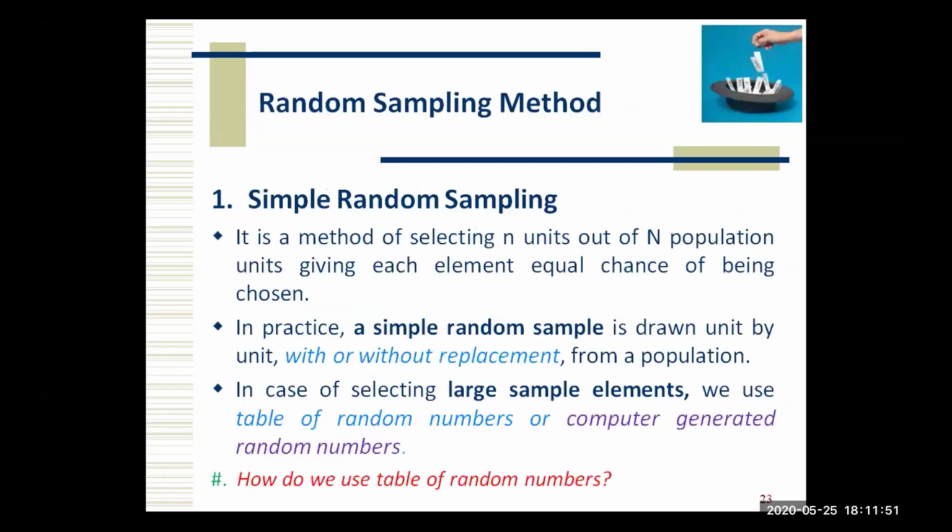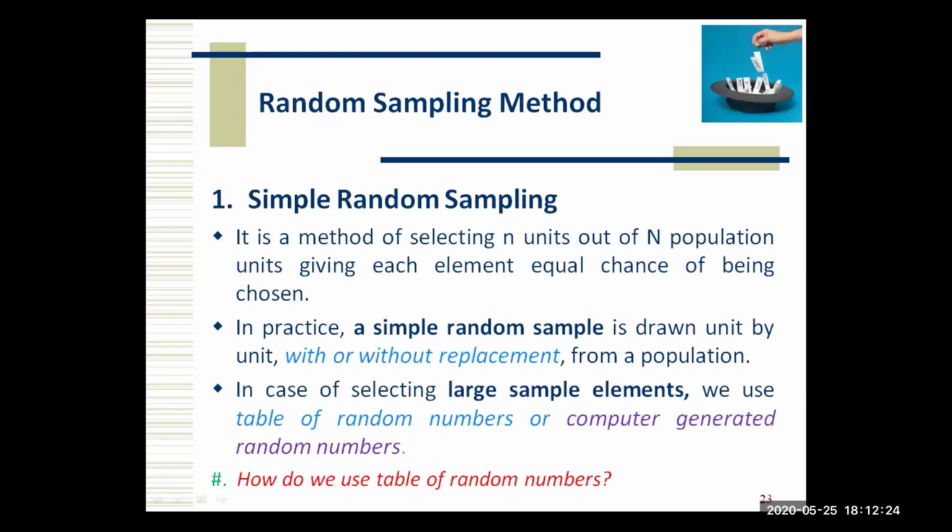The first random sampling method is simple random sampling. From the name itself, it is selecting a small sample from the total population by giving equal chance to all elements in the study.